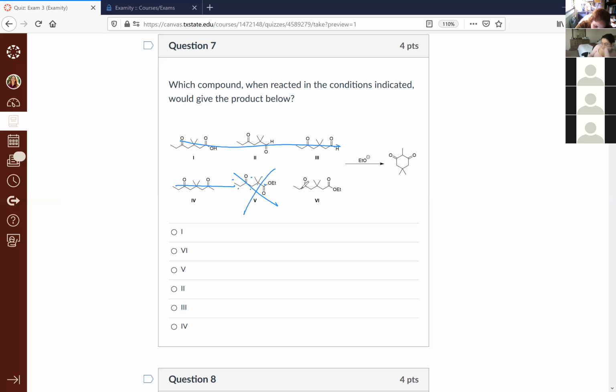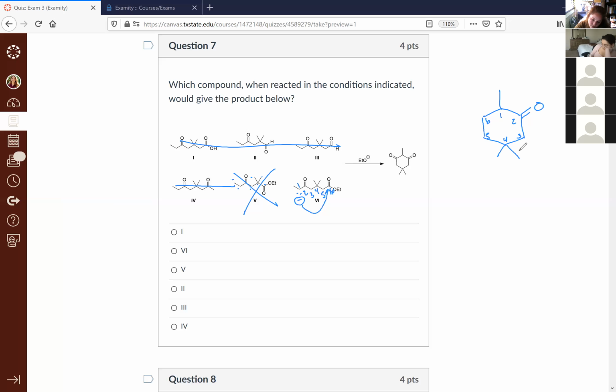So I can show you how that works. We're going to have an attack like that. And then our same numbering 1, 2, 3, 4, 5, 6. Carbon 1 is still going to have a methyl group. Carbon 2 is still going to have a ketone.